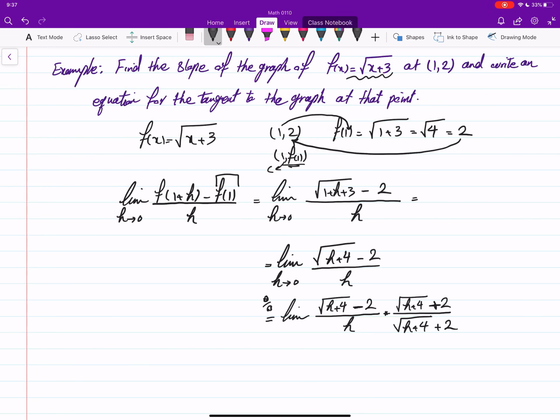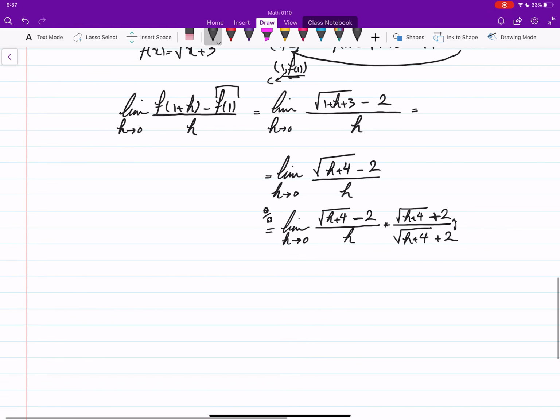I'm multiplying the same terms but with plus. And we are dividing by the same thing so that we don't change the whole expression. Now, something multiplied by its conjugate will be the first one squared minus the second one squared, over h times root of h plus 4 plus 2.